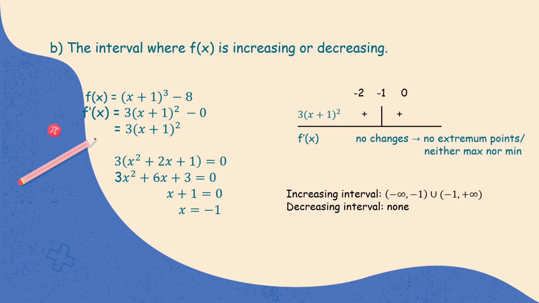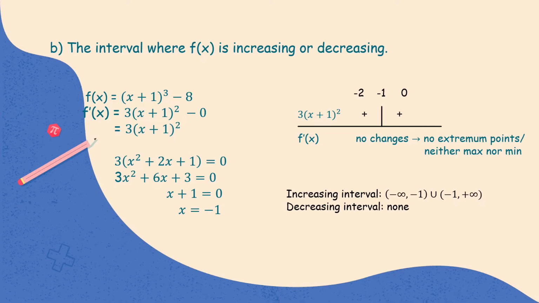Next question. Find the interval where f(x) is increasing or decreasing. So first, we have to find the derivative of f(x). So we got the answer 3(x plus 1) power of 2 minus 0. And we simplify it and it becomes 3(x plus 1) power of 2.